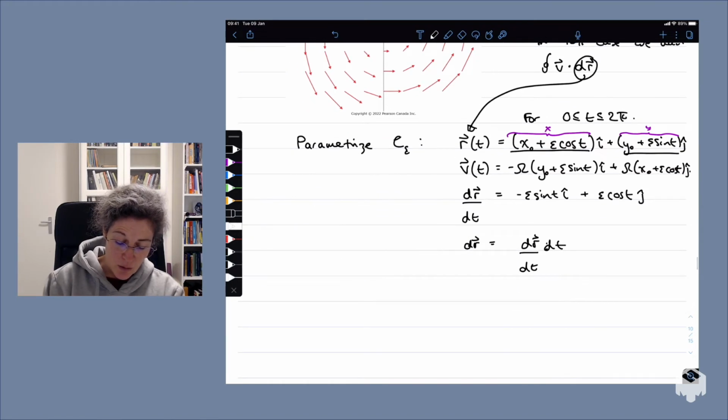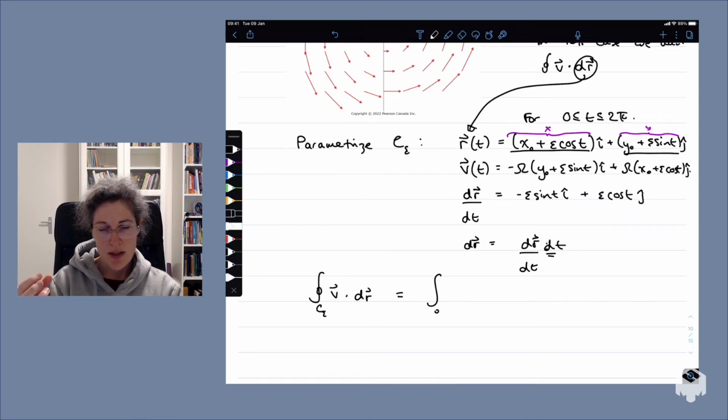So plugging this all in, what do we get? Our basic line integral becomes our integral over dt, because this is the whole point of parametrizing, is we've taken this out of vector land and into the land of a scalar. So we're integrating over t, which goes from 0 to 2 pi.